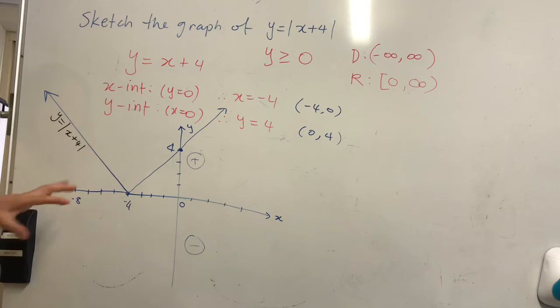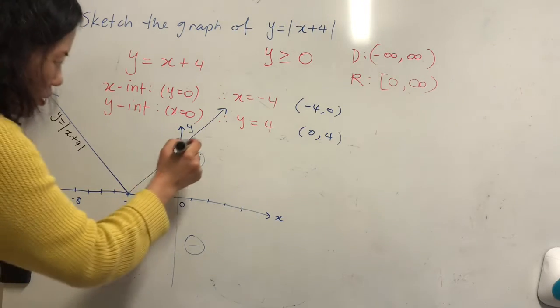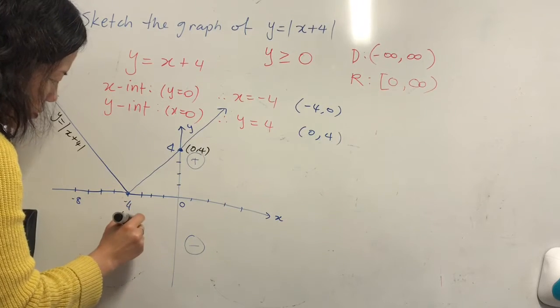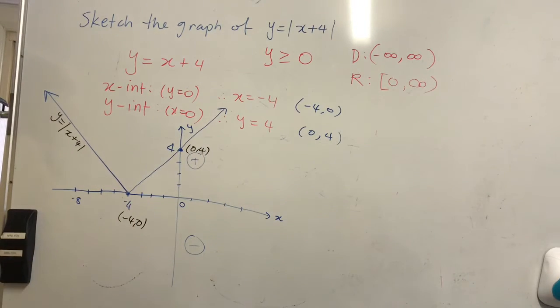Okay, so the points here are (0, 4) and (-4, 0). So you'll indicate your points and then you name the graph. So find the x-intercept, y-intercept.